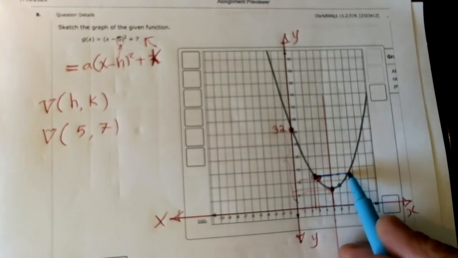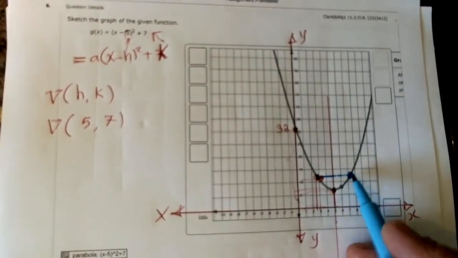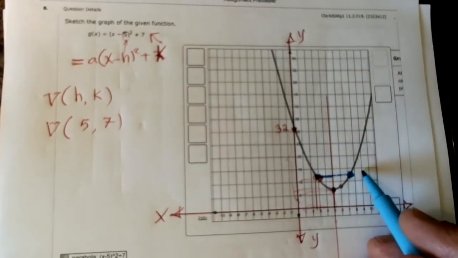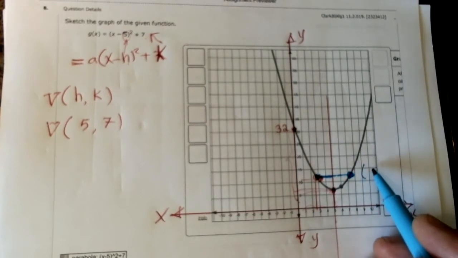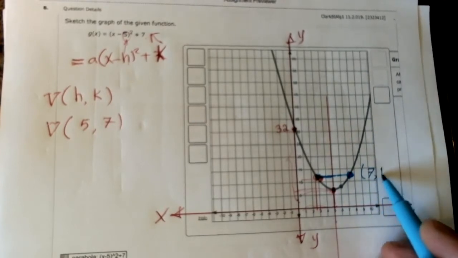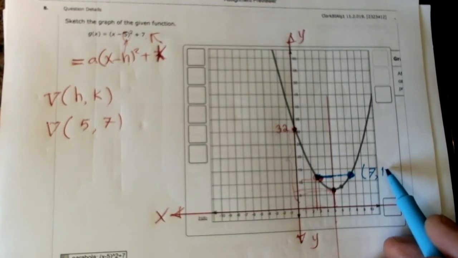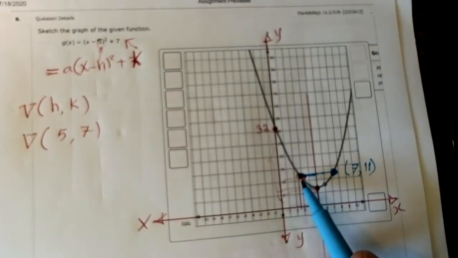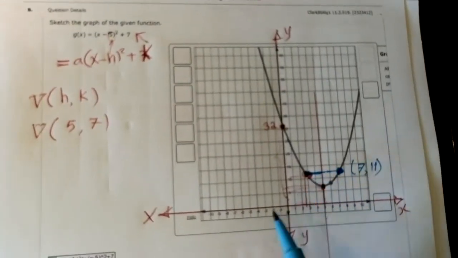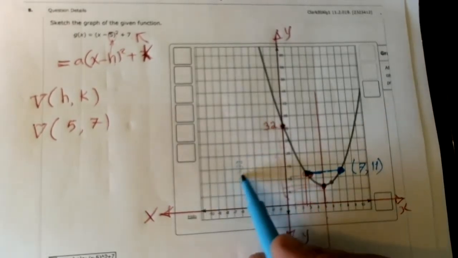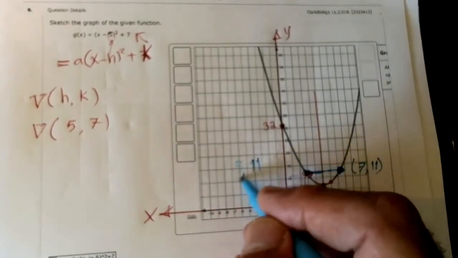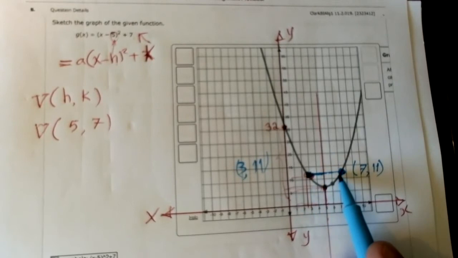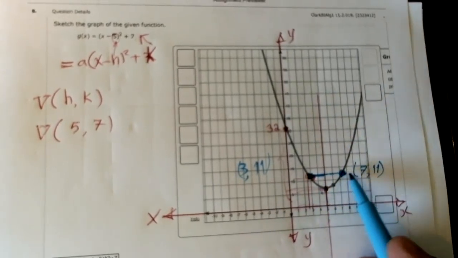They want you to read this. This point is symmetric to this when you draw the line perpendicular to the axis. What are the coordinates of this point? 7 and 11. That's what they want you to do. When they say symmetric from that point, they give you this point, 3 and 11. You find that point first, here, and then you draw the line perpendicular to the axis, and this is the symmetric point, 7 and 11.